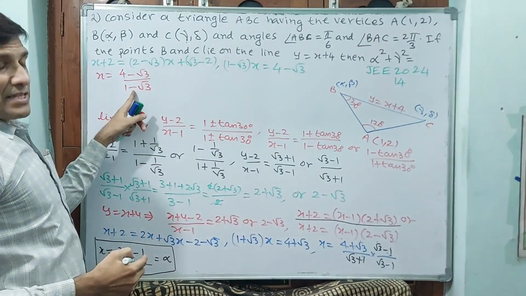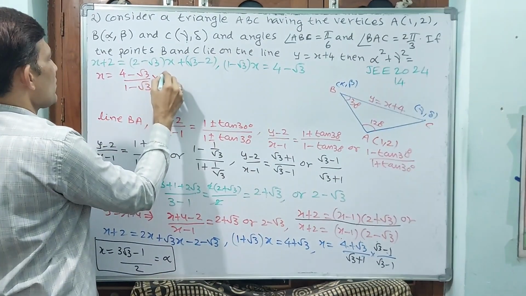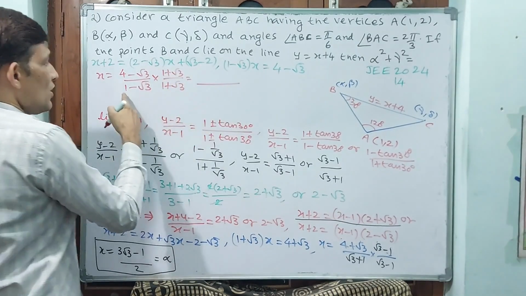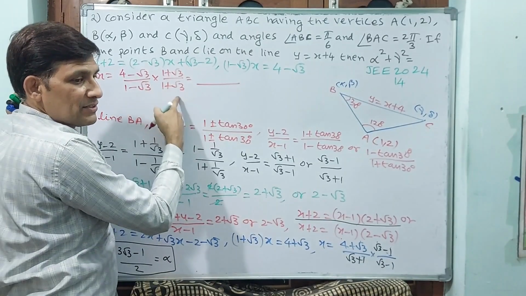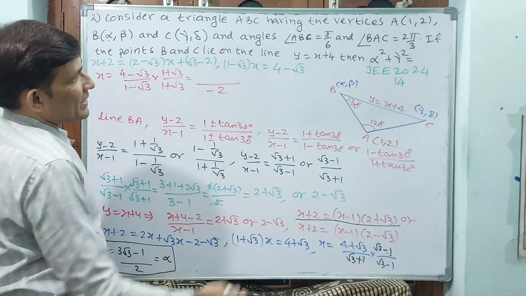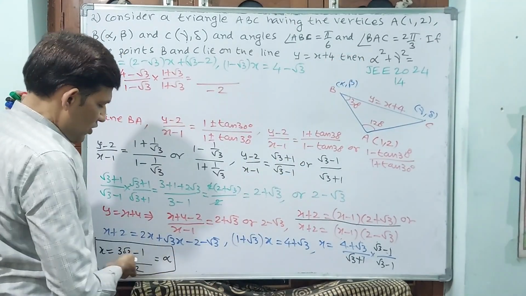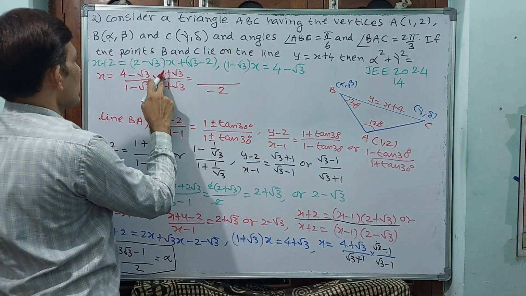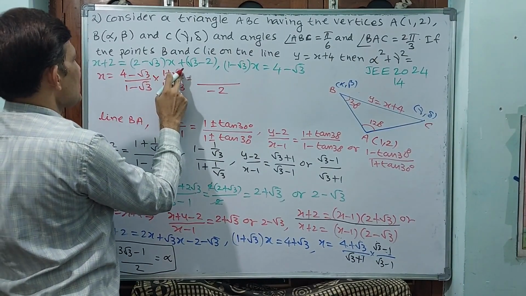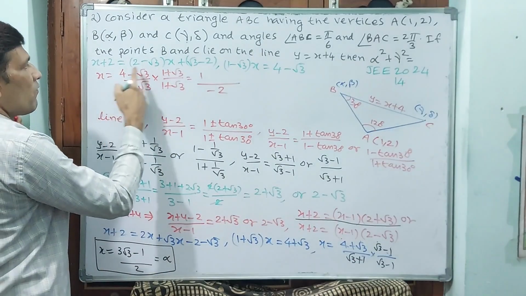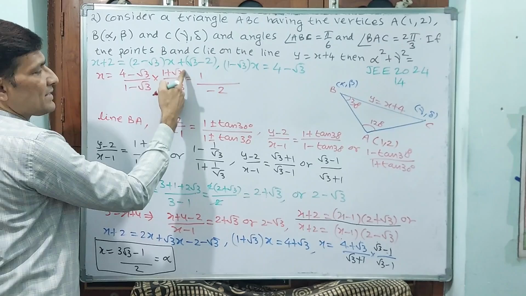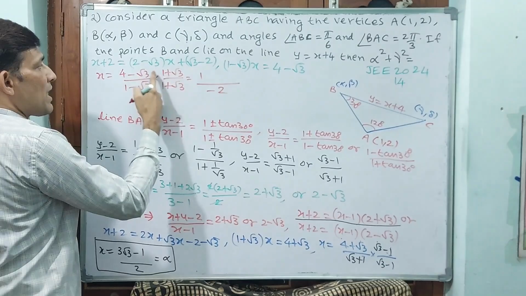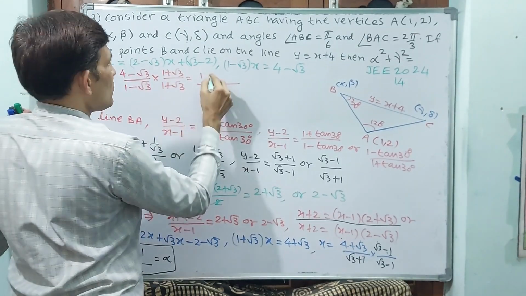Here root 3, the bigger one, is having negative, you don't have any option, you have to continue. 1 plus root 3 by 1 plus root 3 rationalization if I do, a square minus b square, 1 minus 3, minus 2 it is going to become. Don't worry, because anyway we are squaring, no problem. Denominators are going to become equal after squaring. 4 into 1, 4, minus root 3 into root 3, minus 3. 4 minus 3 is 1. 4 root 3 minus root 3, 3 root 3 plus 3 root 3.